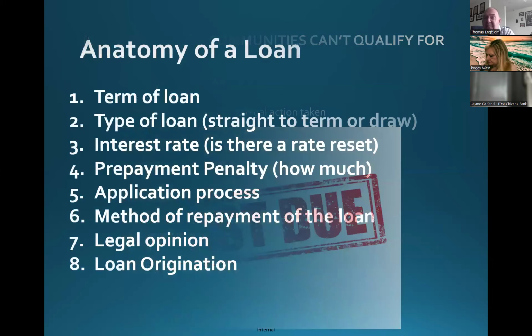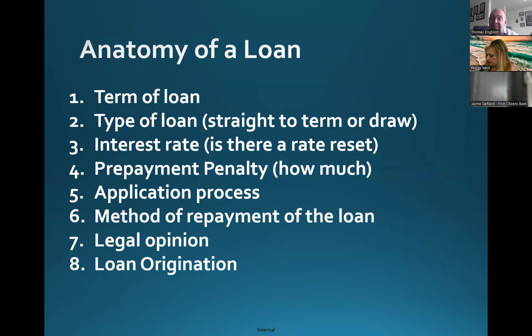Okay, term of the loan. The term of the loan is nothing more than the duration. So it could be 5 years, 7, 10, 15, depending on the bank. And then you can have what they call a straight term or draw. So for example, when I said that we have a quick term, that's a fixed rate for the duration of the 10 years.